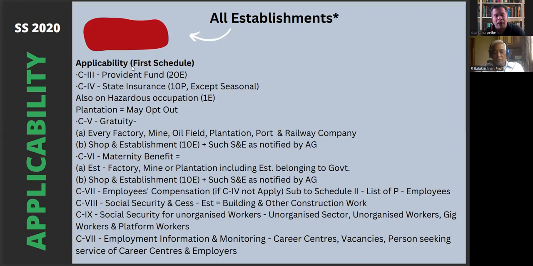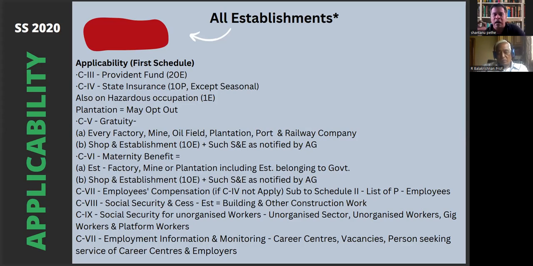Similarly, the employee state insurance provisions, that is chapter number 4, will be applicable if there are 10 or more persons employed, except in seasonal establishments, which will not get covered. If it is seasonal, then we have to go into the detail of what is seasonal and what is not, but that will take away our attention. I'm just briefing you.